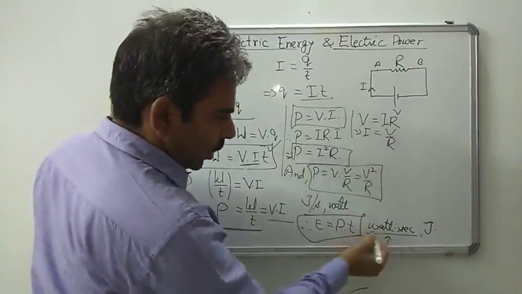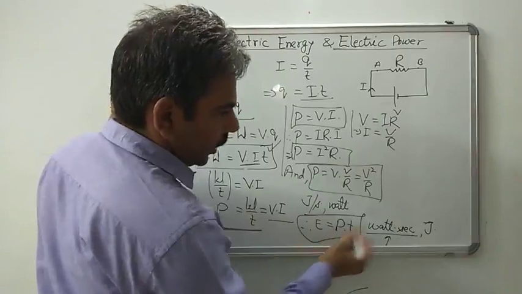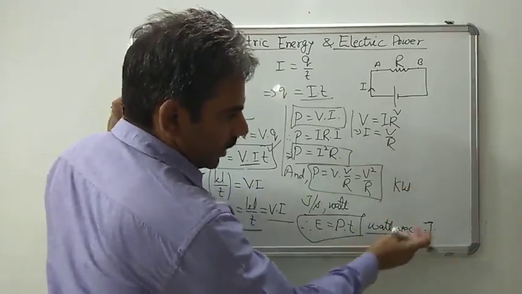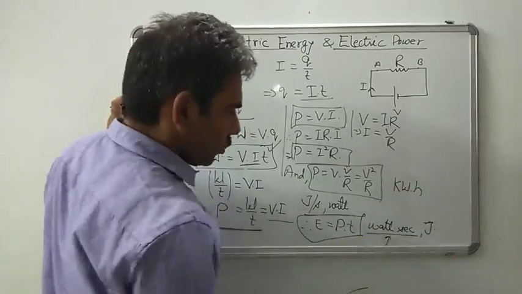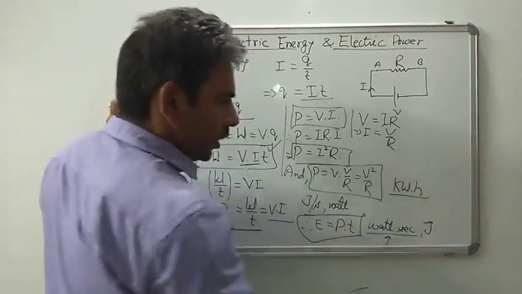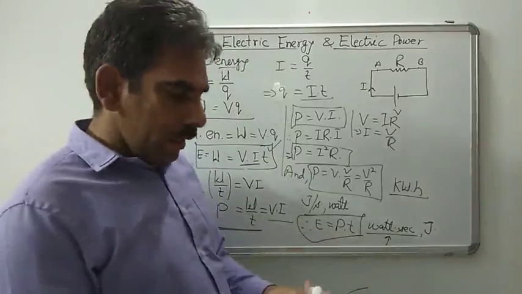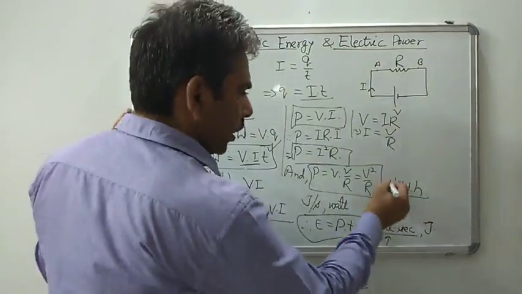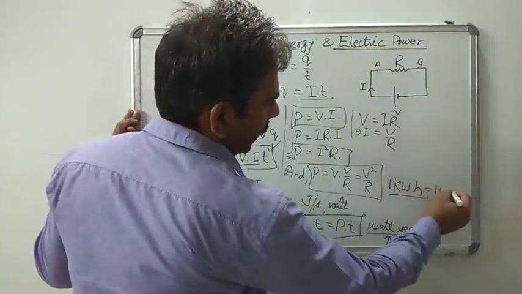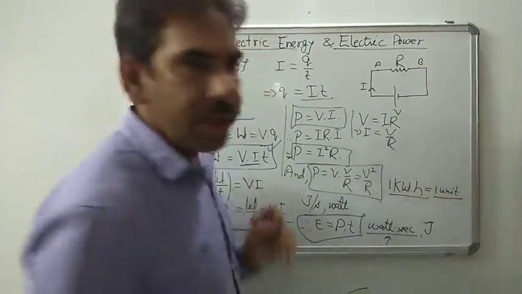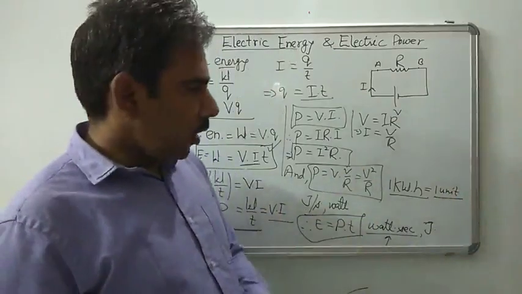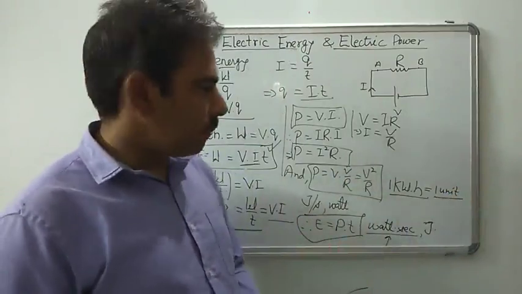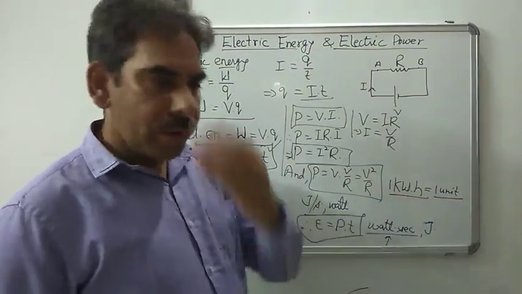In place of watt, we take the power in kilowatt, and we take the time not in seconds but in hours. Therefore the practical unit for electrical energy consumed is kilowatt hour. This 1 kilowatt hour is equal to 1 unit of energy, which we see in household electric meters or for any industry purpose.